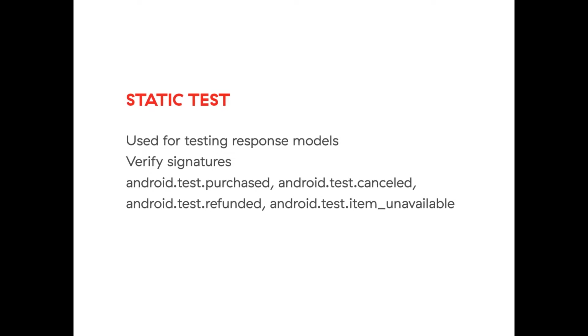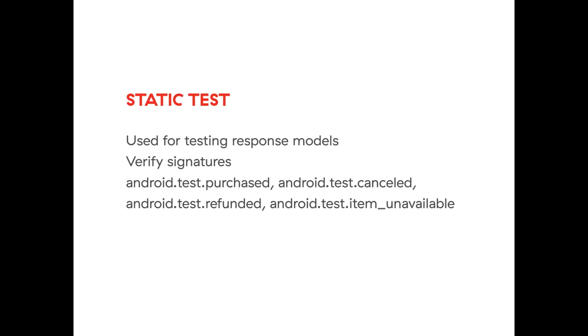Okay. How do you test your application that contains in-app billing? Obviously, you don't want to spend some money for testing the application because you can find some bugs and retest again, and that could be painful for your bank account.